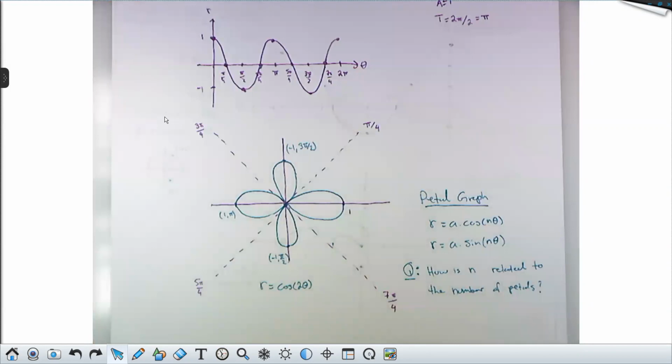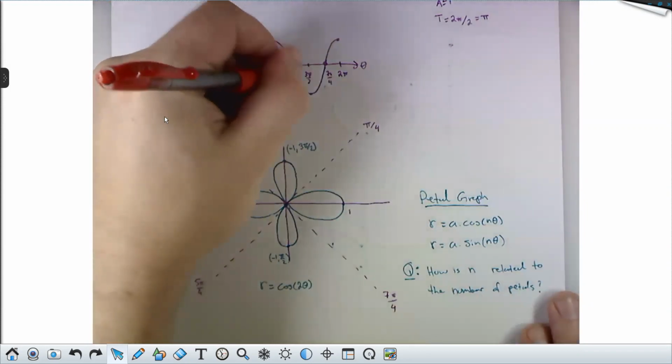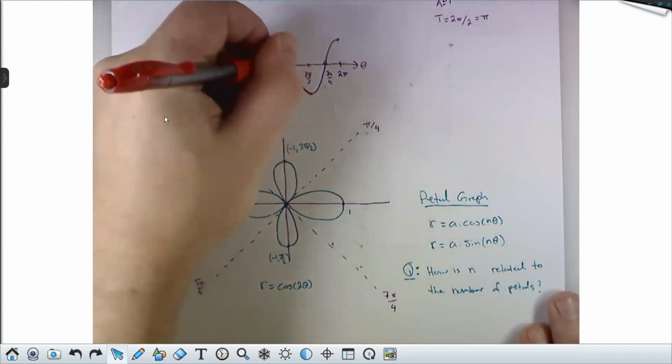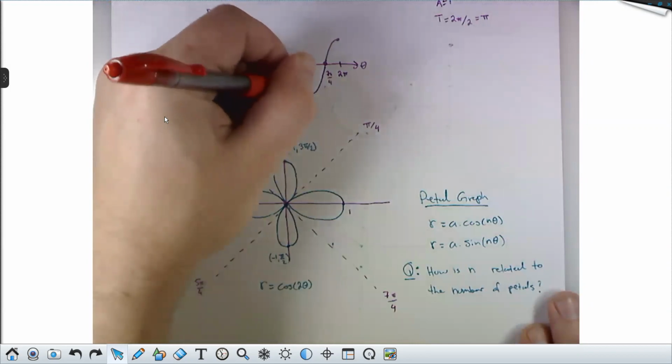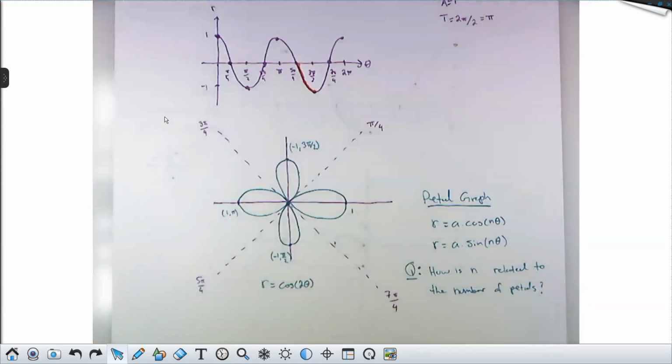Okay. Again, let's try highlighting a portion here that's not super obvious where it comes from. Maybe I could ask you, this part of the graph in rectangular coordinates gives me what part of the graph in polar coordinates? What quadrant, 1, 2, 3, or 4, does this part of the graph end up in?